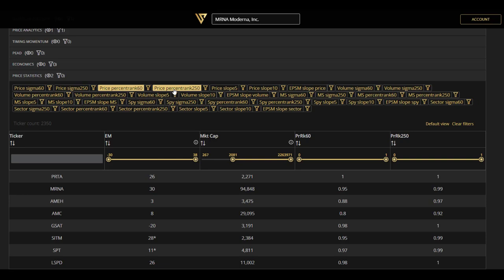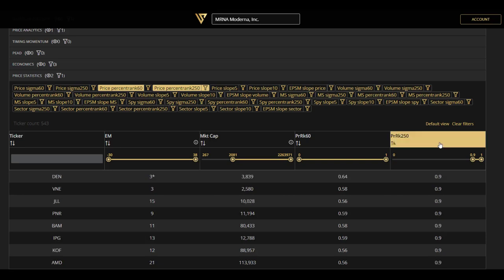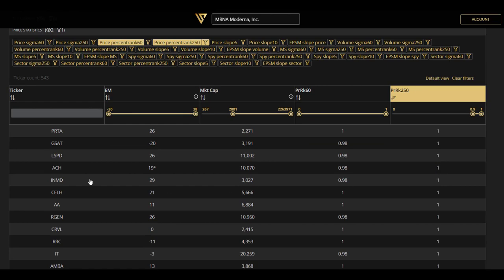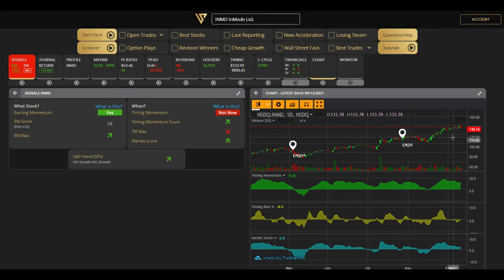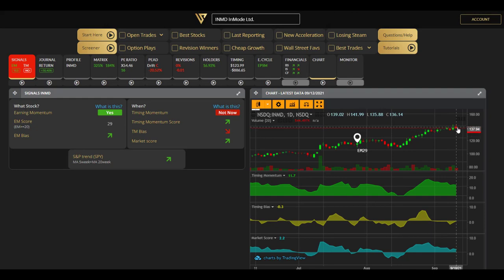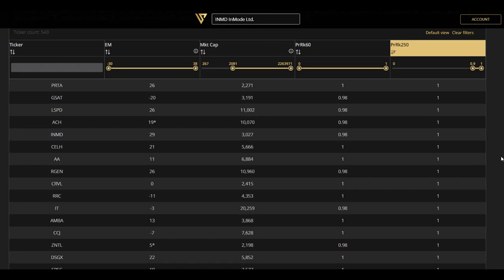But more importantly, here this is ranking. So everything is ranked from 0 to 1, 1 being the maximum. So if I'm sorting to 0.99 here, I'm going to get the top of the best prices the stock did get in the last year. So if I click on INMD, I'm going to get the best price is pretty much the last day, which is number 1.